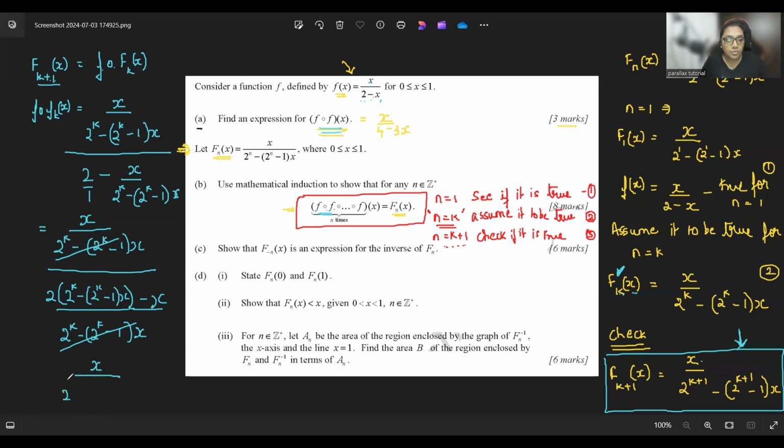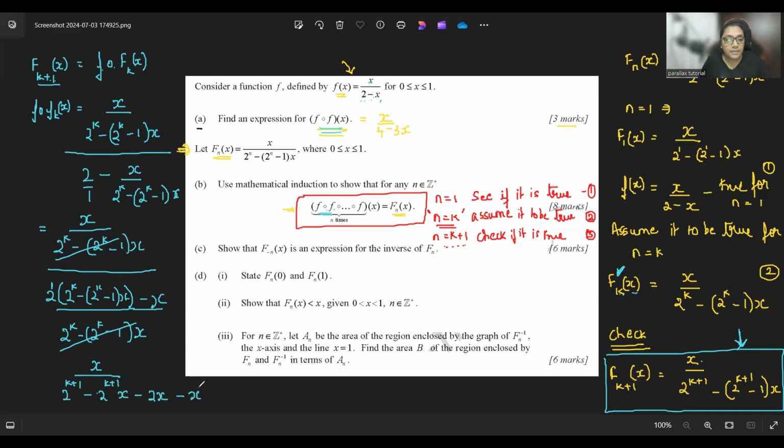And let's see what we get in the bottom part. We get 2 to the power k plus 1, because it's 1 over here, multiplied by 2 to the power k will be 2 to the power k plus 1. Minus, again, I'm opening the bracket and multiplying this. What do I get? 2 to the power k plus 1 x, because there's an x over here, minus 2x.